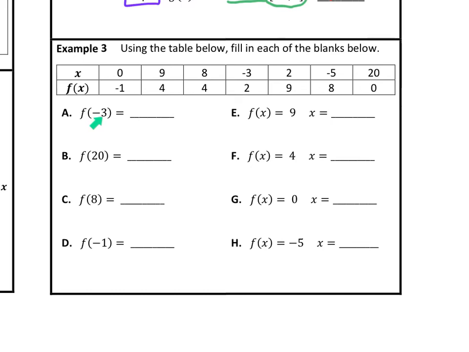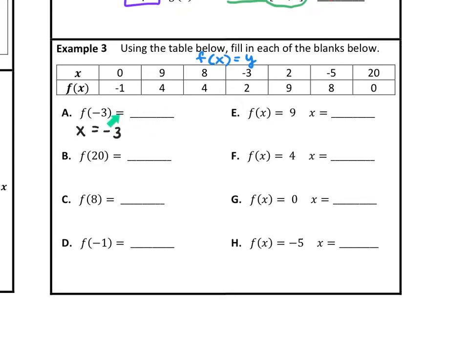And so in this first example, letter A, it's saying that if x equals -3, so let me write it. Let me go ahead and write the function notation again up here so that we remember what it looks like. And so inside the parentheses is our x value. So here, -3 is my x. So if x equals -3, they're asking me what should I put in this blank.